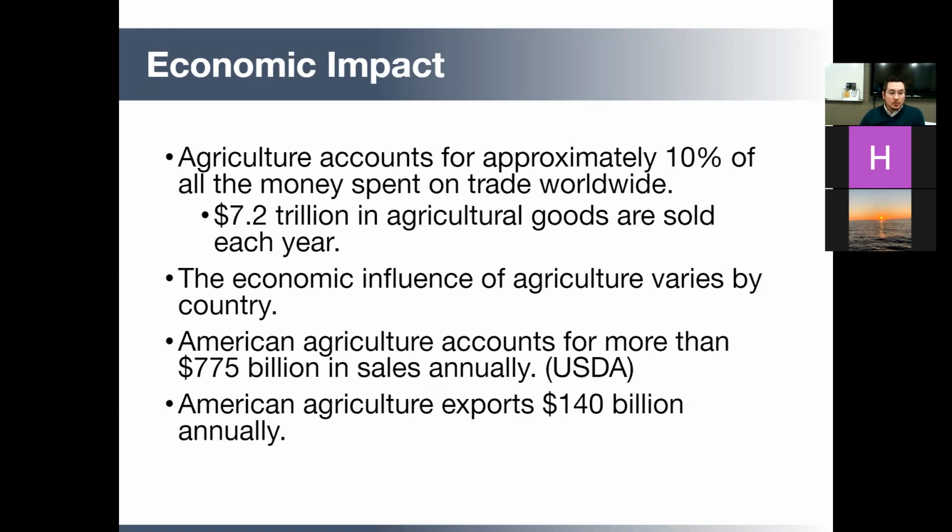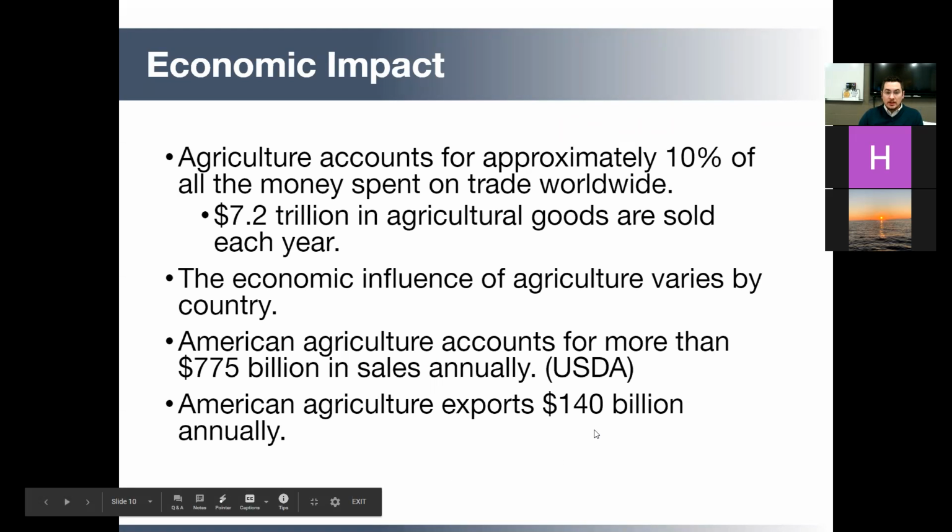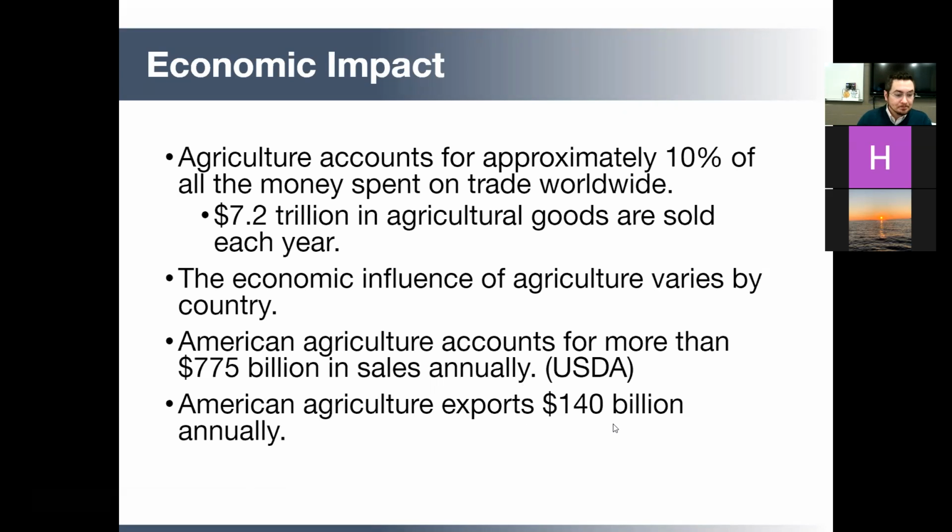American agriculture accounts for more than $775 billion in sales annually, and American agriculture exports $140 billion annually. So if we do a little bit of math there, there's going to be somewhere around $635 billion of agricultural products that are sold within our country.